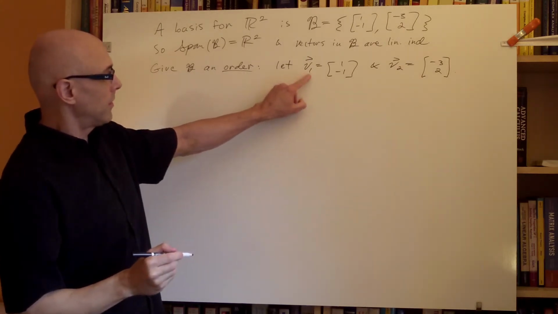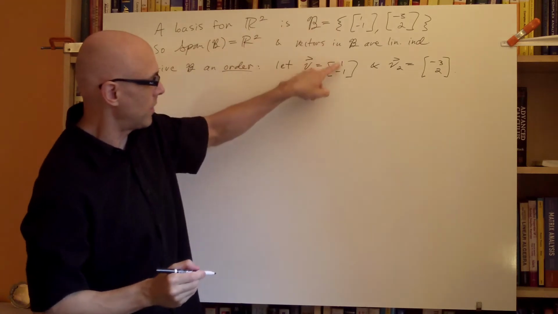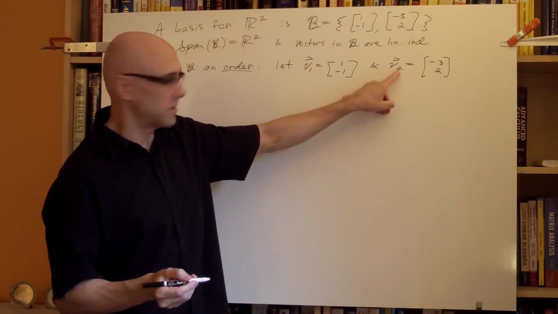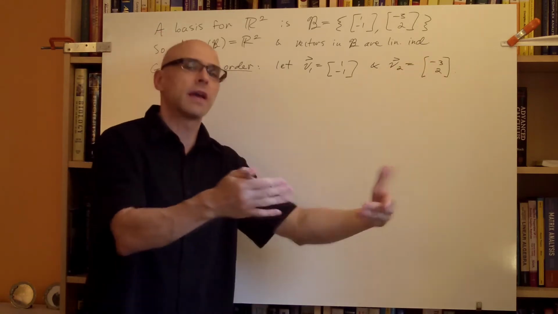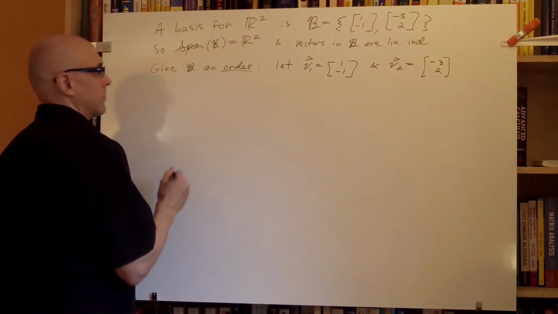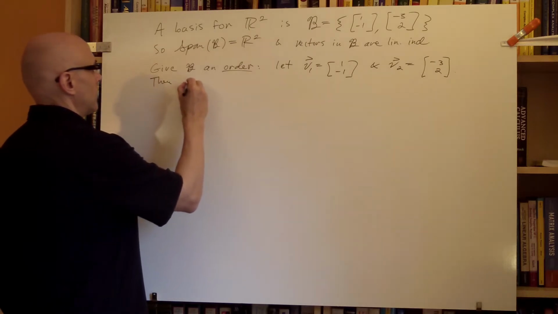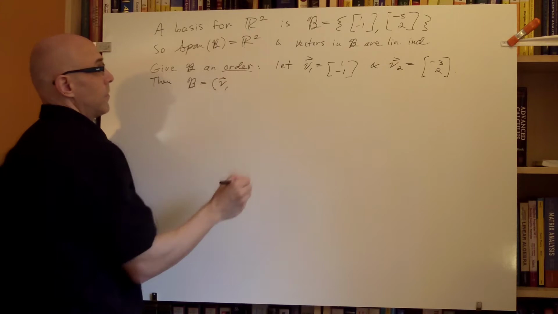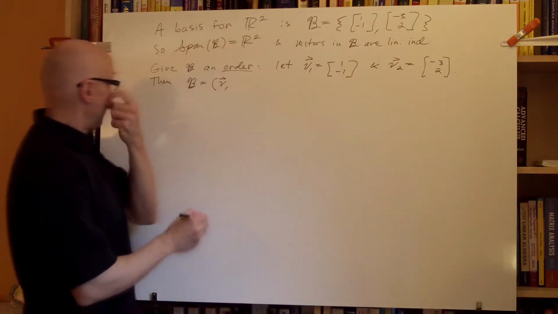The 1 here for V1 indicates that this vector (1, -1) will be first, and then the 2 in the symbol V sub 2 indicates that this vector (-3, 2) is second in the ordering for B. So B has V1 and V2.